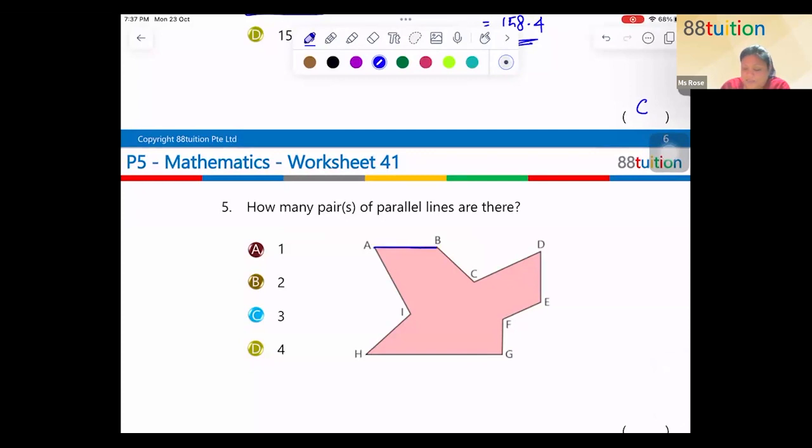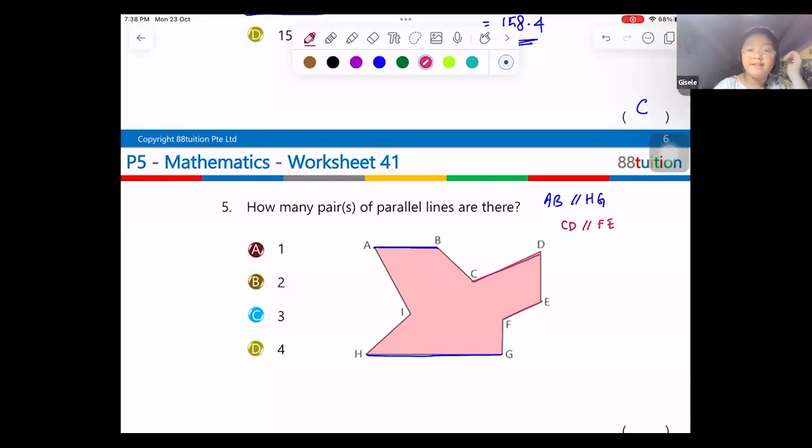This is considered as one pair of parallel lines: AB is parallel to HG. We also have CD parallel to FE. Now, who can tell me which one is the third parallel line?